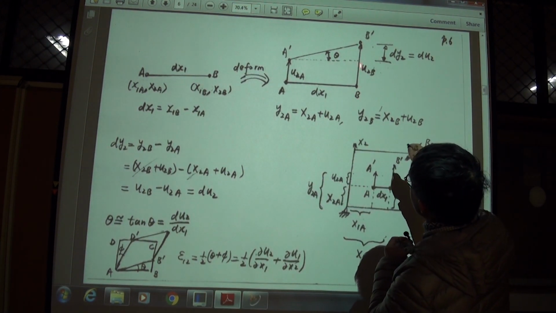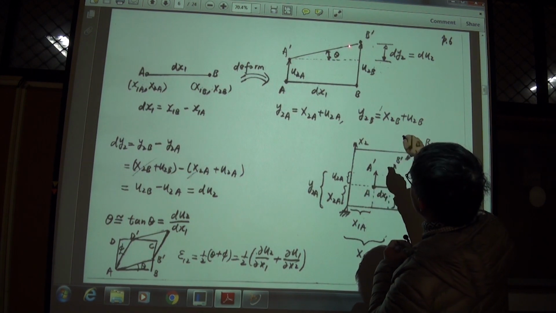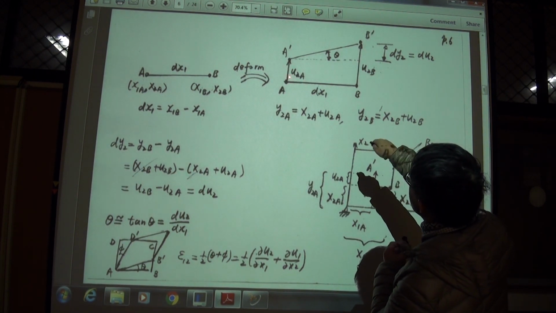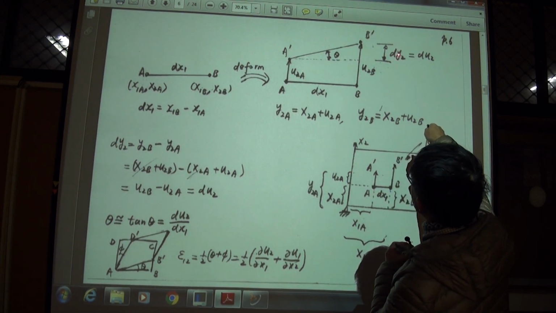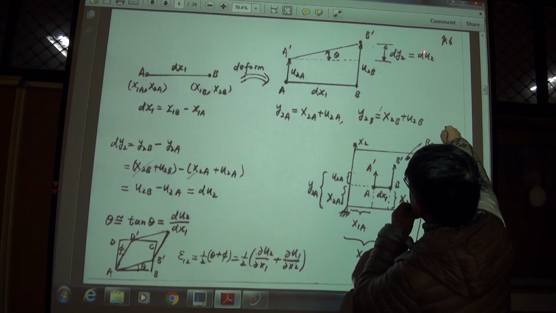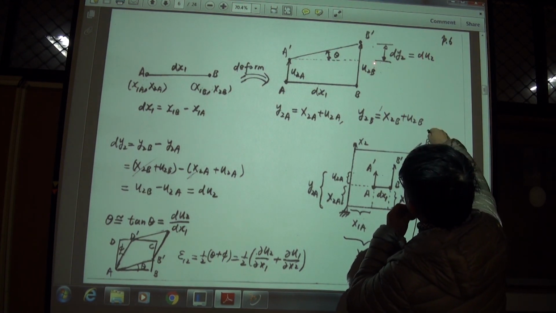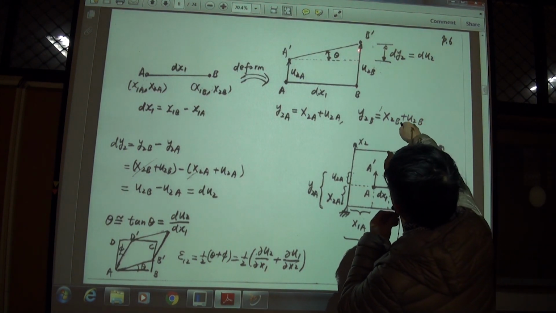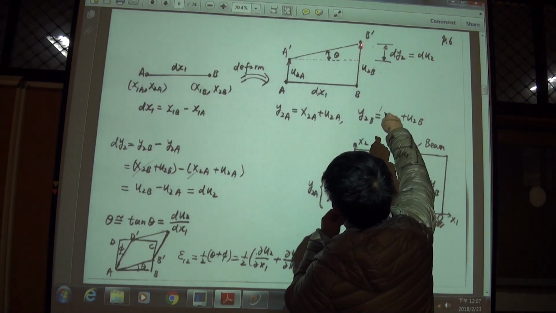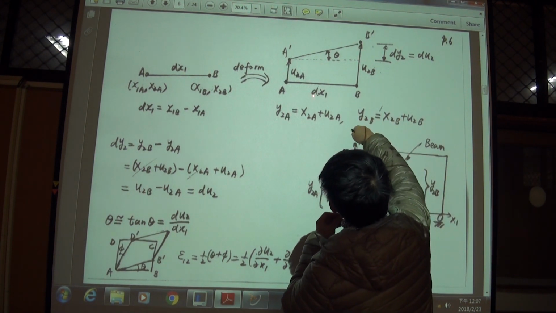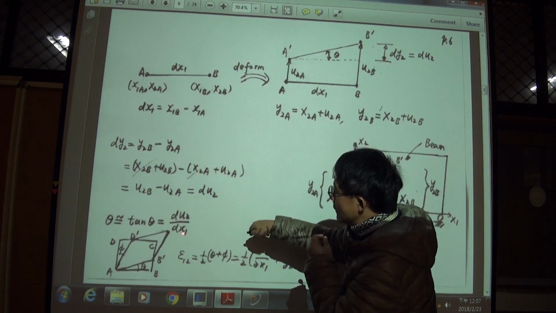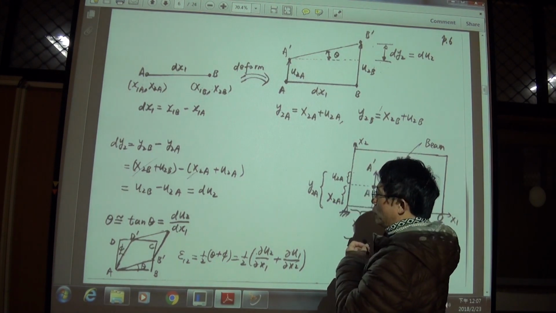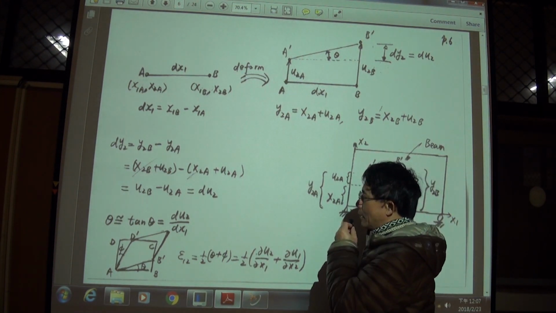This is u2b, this is u2a. So u2b minus u2a equals du2. This is du2, okay? This section du2 divided by dx1 equals tangent theta.